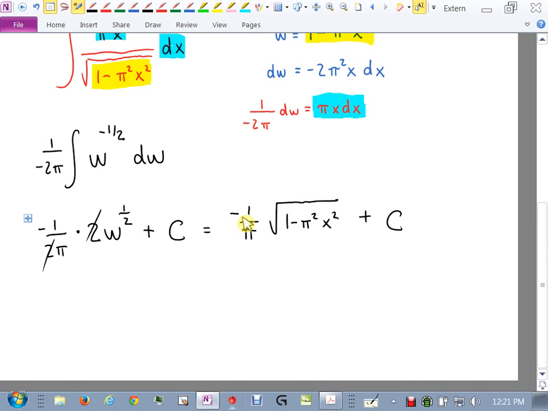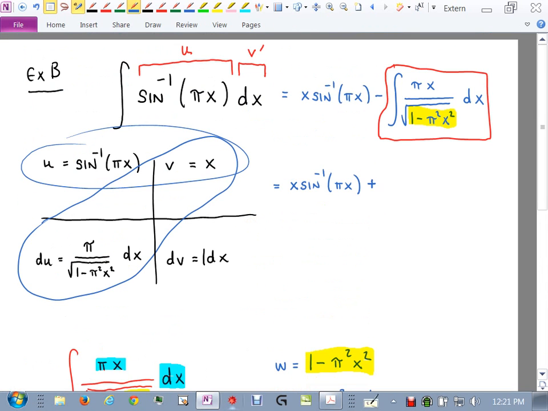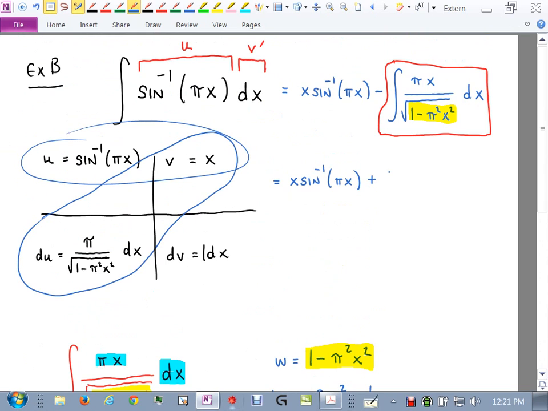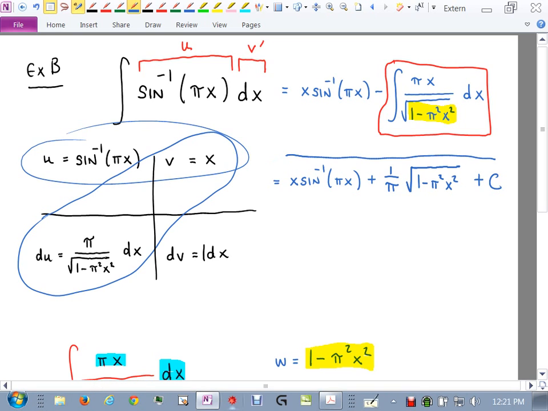So it's going to be plus 1 over pi square root 1 minus pi squared x squared plus a constant. That I will box up.